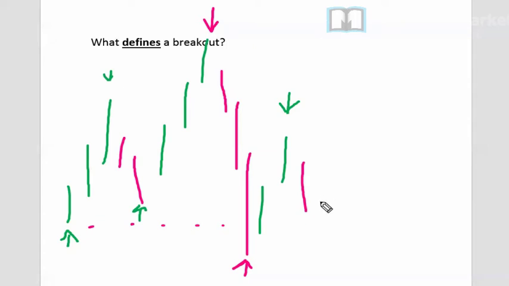Now, the market can go many different ways from here. It can go back up again for an uptrend. It can go down again. But right now, where the market is, this has defined a new trend, and that is now a top to bottom move, whereas before it was a bottom to top move.